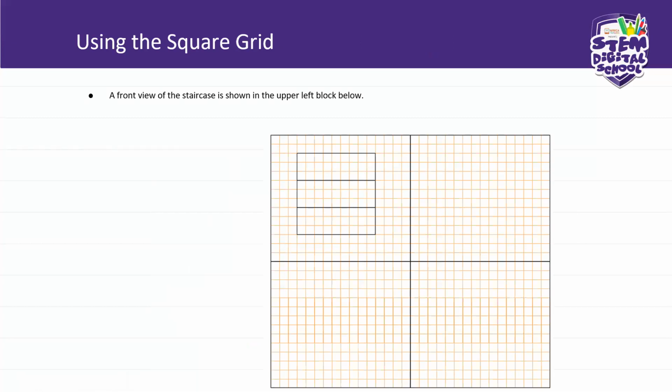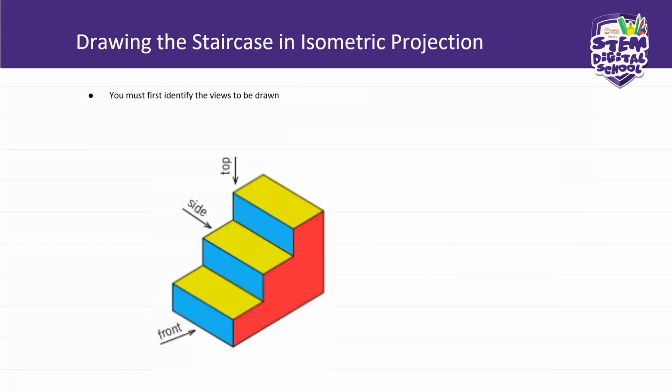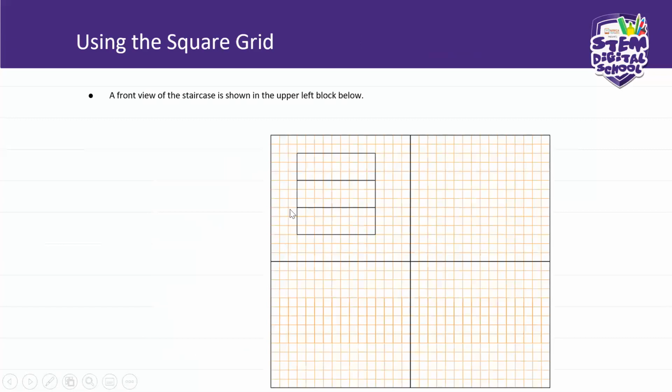Please note that we are taking it from an isometric drawing, so the angle at which the front view will be drawn is not 30 degrees anymore. You don't see this angle of 30 degrees anymore, but you see straight lines. You see a flat representation of the front view.